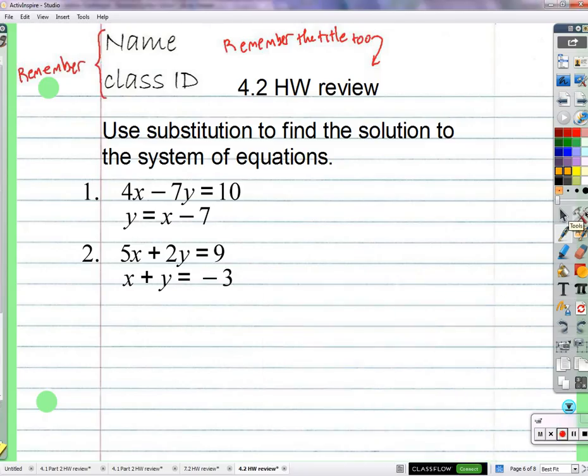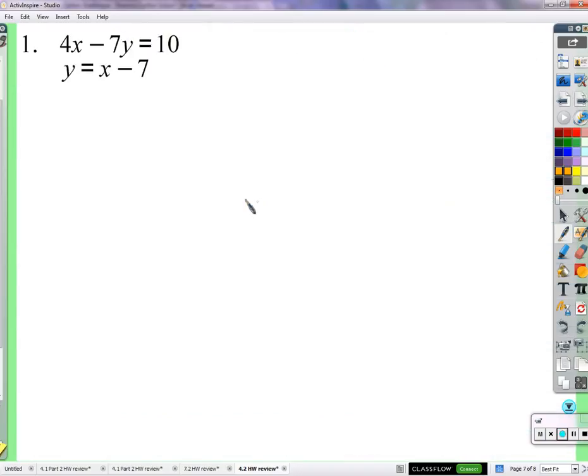Alright, so get notes down. This one's set up nicely. The next one's not set up so nicely. Why is this one set up nicely? What's nice about it? The y already equals something. Y already equals x minus 7, right?